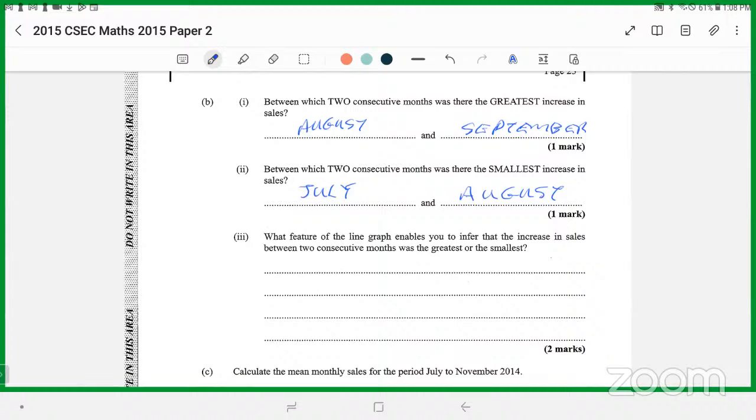The length of the line segments and the gradient of the line segments is what tells you greatest or smallest. Gradient and the length of the line segments.